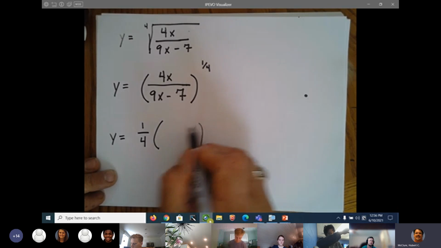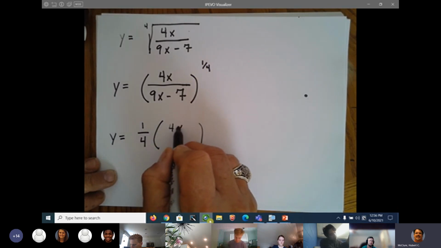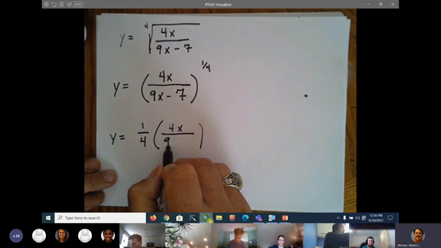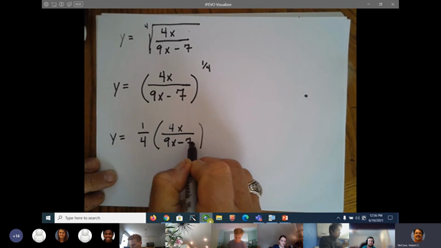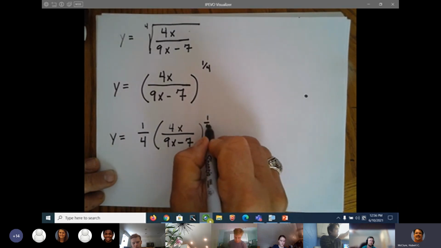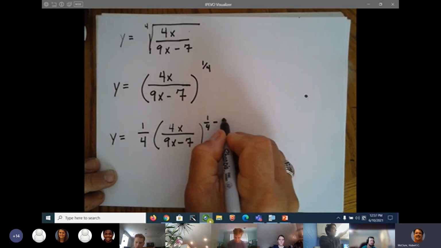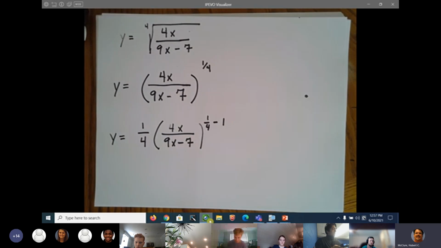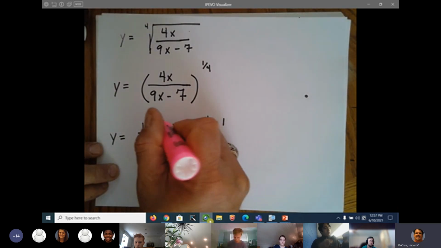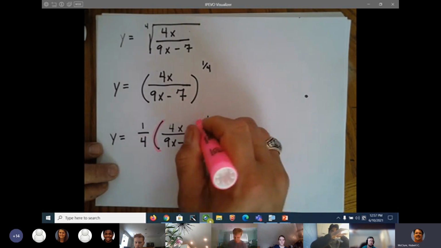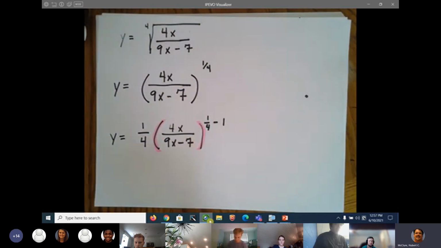That'd be 4x over 9x minus 7 to the 1/4 minus 1. And I'm going to take my handy dandy. We did the power rule, but what's inside? The quotient rule.